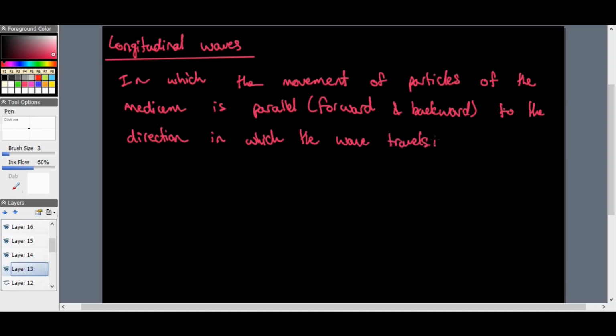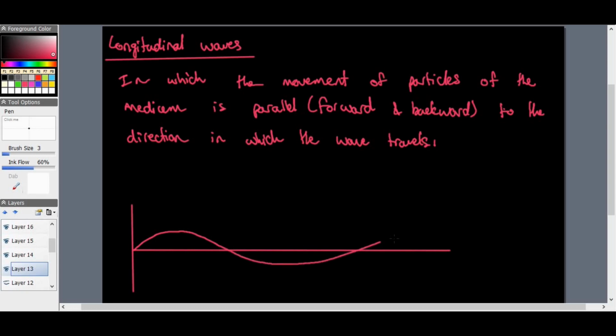There's not much we can do with a longitudinal wave. We've seen how a transverse wave looks, but I can show you how a longitudinal wave would be depicted. It would be depicted much like this: very low amplitudes, low troughs, more like long parts of the wave, whereas a transverse wave goes a bit more up and down.